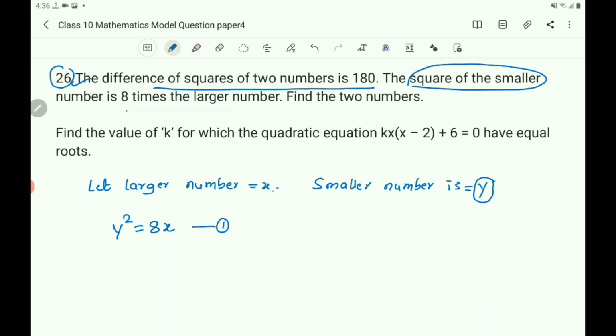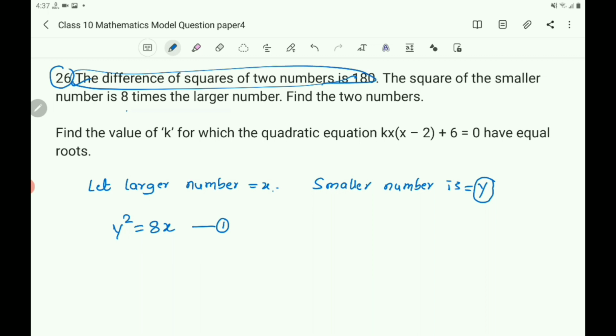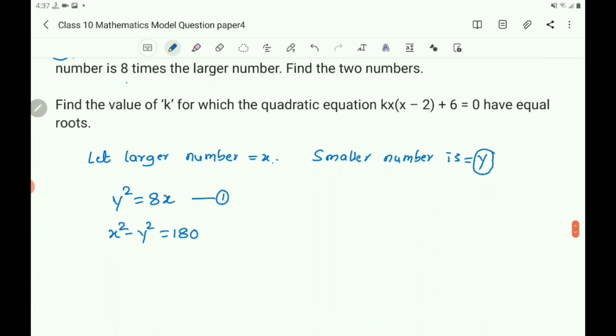And one more relation is given, the difference of squares of two numbers. So the difference of squares of two numbers means x square minus y square equals 180. Write x square only, minus y square means 8x.